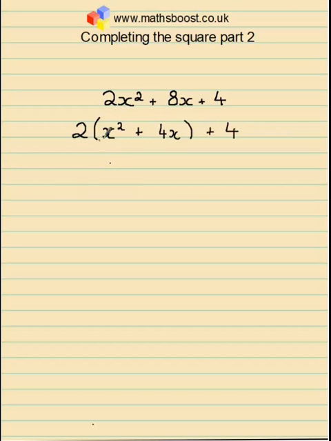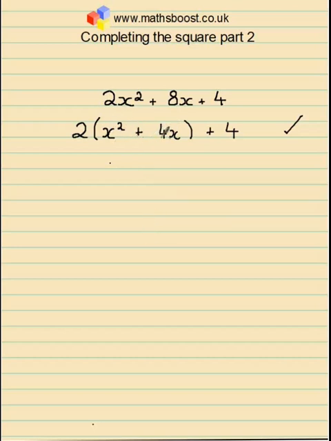Now, as a quick check, I can expand the brackets out to ensure I get back to the first equation. And I can see 2x squared plus 8x. So this is correct. And you should always do this. This simple step has given me, inside the brackets, just what I wanted. A quadratic with a simple x squared term.